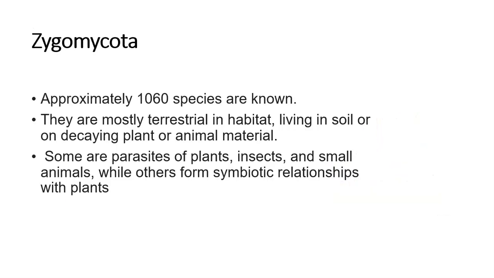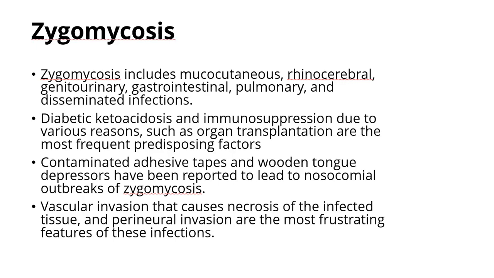A little over 1,000 of these guys are known. They are mostly terrestrial. They live in the soil, decaying plants. Some are parasites, and some of them will form symbiotic relationships with plants.